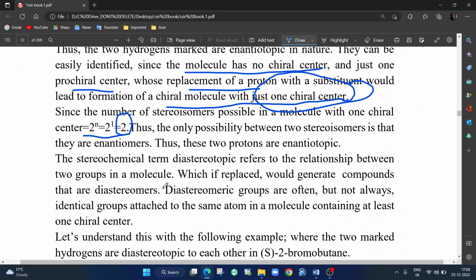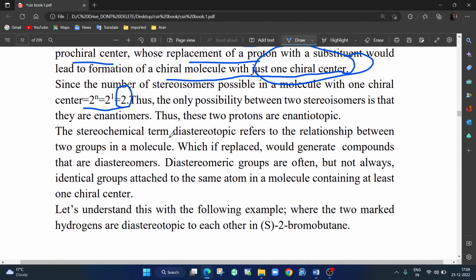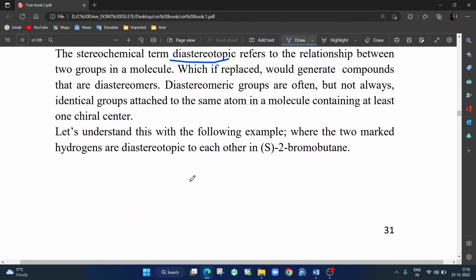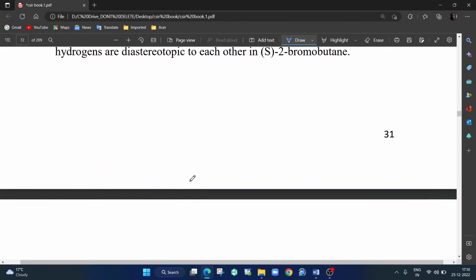Okay, now what is diastereotopic? Now it is very clear. If there are two hydrogens and we change one hydrogen, then we should get diastereomers. How is it possible? It is often possible when you have a molecule which has another chiral center, but that's not always the case. Sometimes it is developed, but this is the simple case, so let's understand with only that.